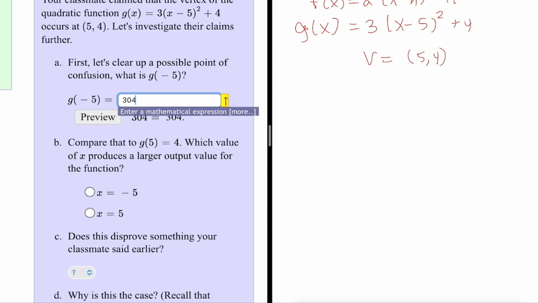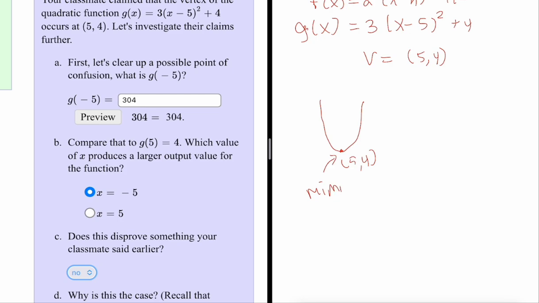So g of 5 is only 4. G of negative 5 has the larger output. So the larger output occurs when x equals negative 5. Does this disprove what your classmate said earlier? Well, no. We want to get a value higher than that, because remember, our vertex for a parabola that is pointing upward should be the smallest or the minimum.